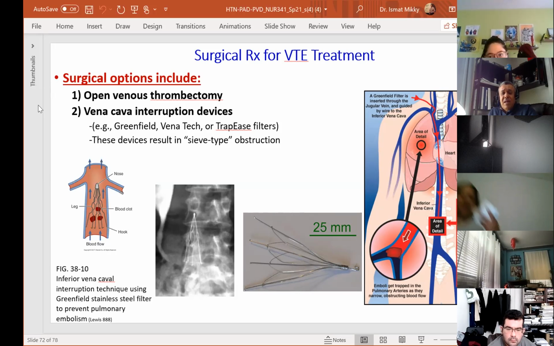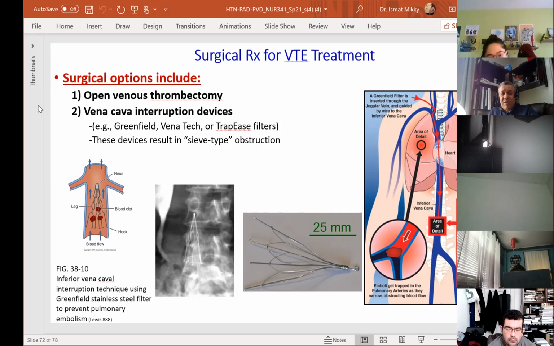Then the indication would be to insert surgically one of these filter devices. It's also recommended for acute pulmonary embolism or proximal VTE of the leg with active bleeding, as I said, or when anticoagulation is contraindicated or ineffective. So these are the scenarios in which we use these filters.